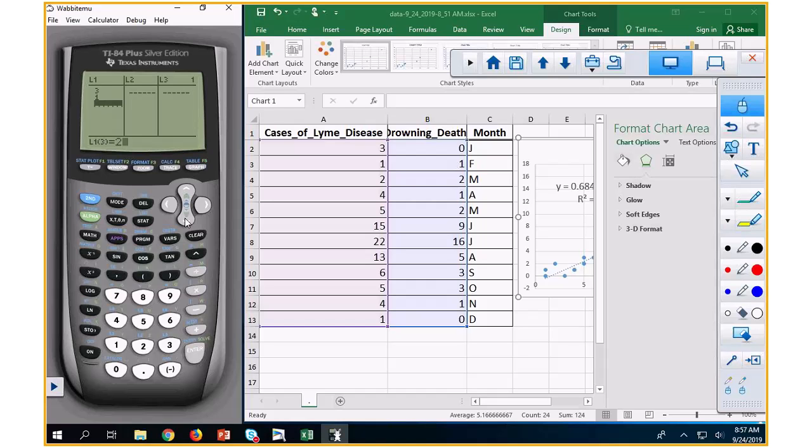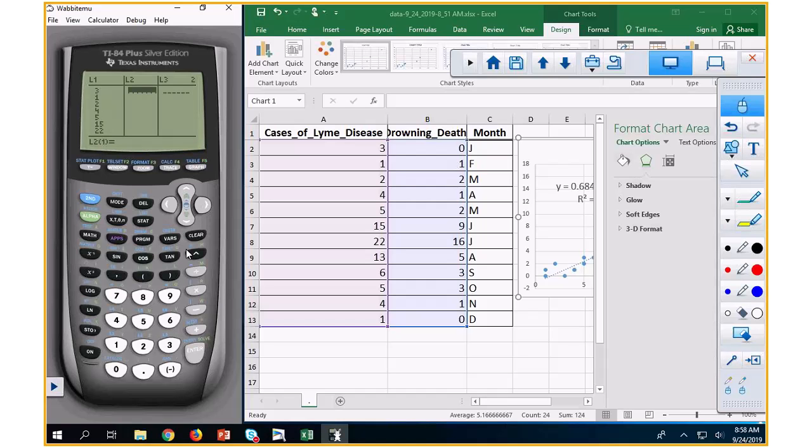Now you'll know why I don't like to use the calculator. 4, 5, 15, 22, 13, 6, 5, 4, and 1.